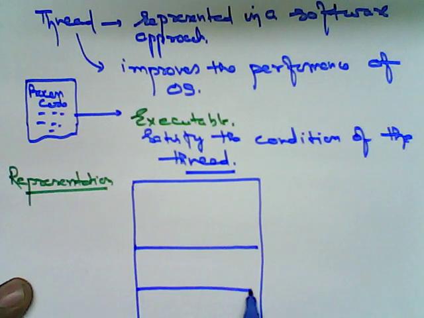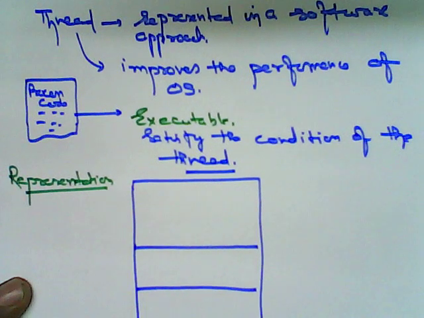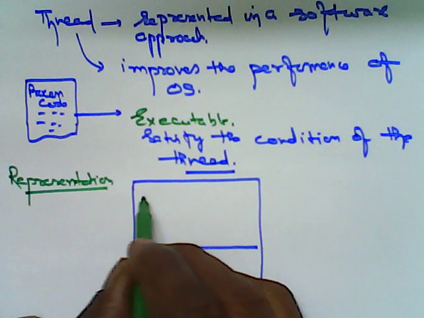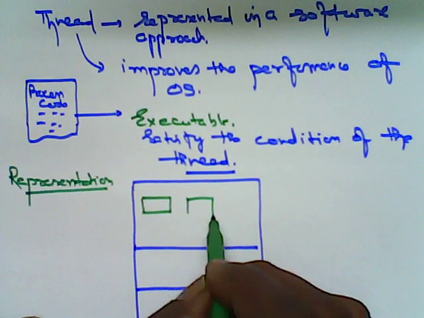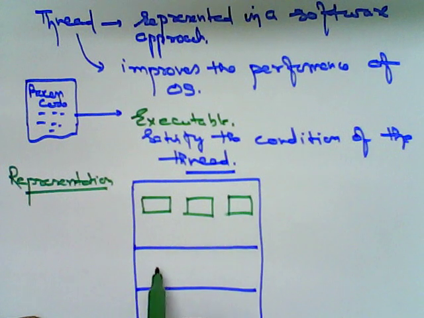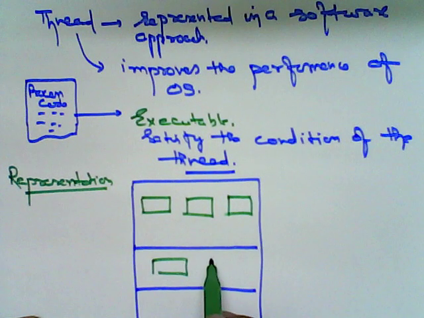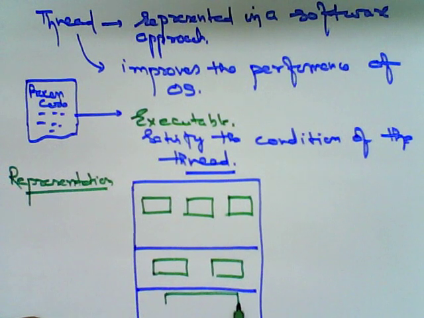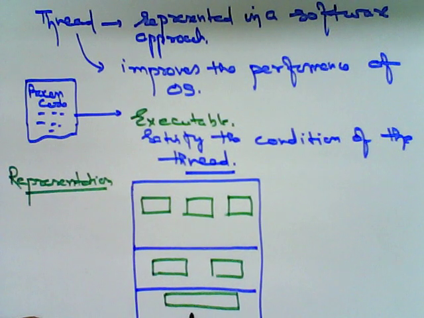In these partitions, you divide 3 blocks, one here, another here, another here, then you create another block here with a certain set of lines. This is an easy way to represent the thread.